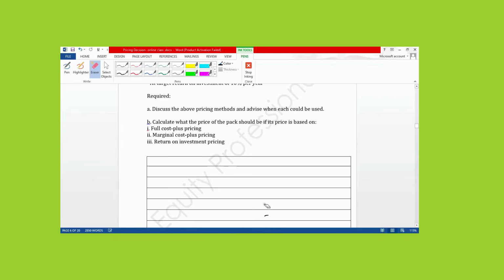Calculate what the price of the pack should be if its price is based on one, full cost plus price.